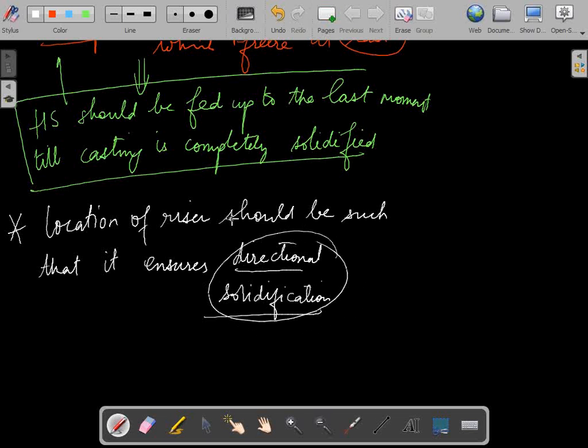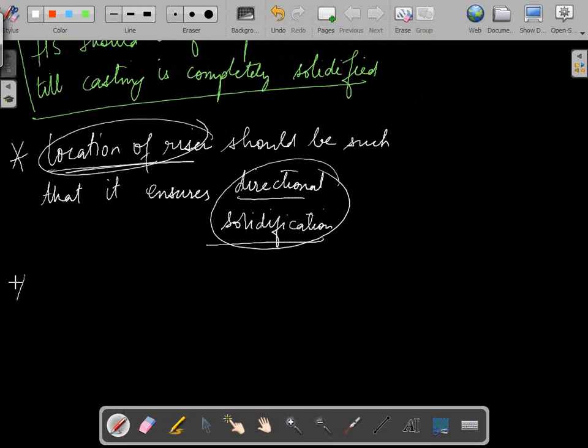You have a particular direction in which solidification proceeds. There you should locate your riser. Note it down.